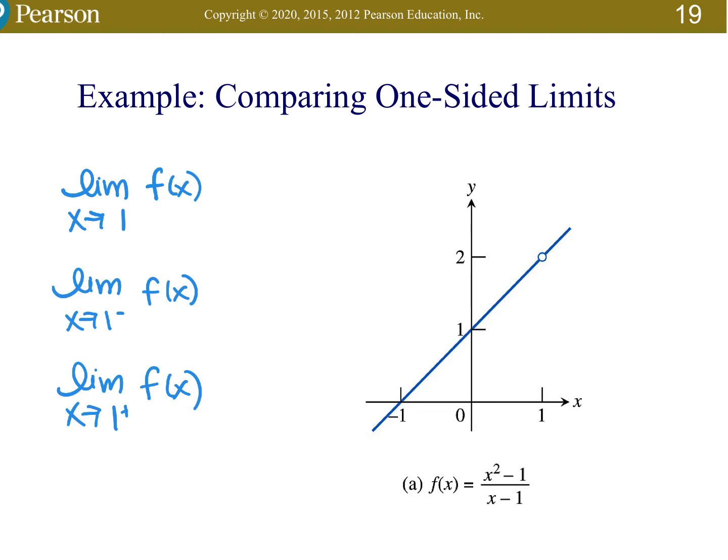At exactly 1, what's happening on the graph? There's a hole. Okay, at 1 exactly, right up here, there is a hole. And so we say that does not exist. There is no value right there.